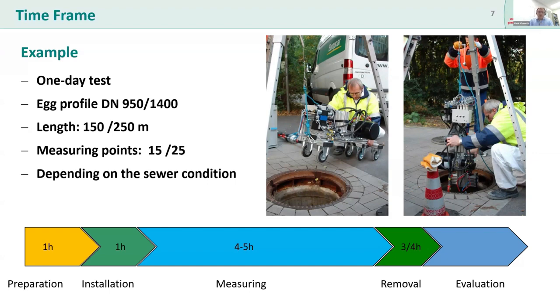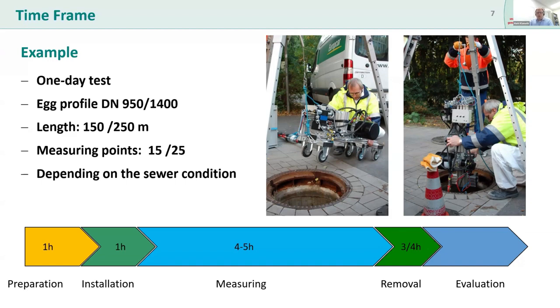The worse the condition, the slower you usually proceed. Well, that's a result in itself already. And you can do up to 250 meters per day, and do like 15 to 25 measuring points in a single day. Well, this all depends on the sewer condition.